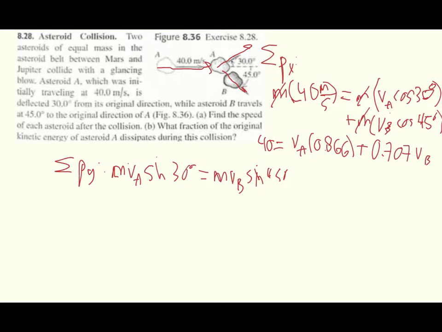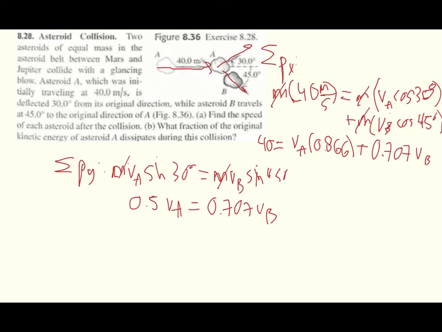The masses divide out, and we get 0.5 VA equals 0.707 VB. We've got two equations and two unknowns, which are solvable by substitution.